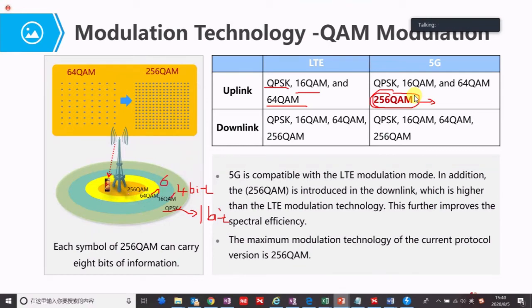This one can carry 6 bits, and this one can carry 8 bits, in one symbol. We can see here.